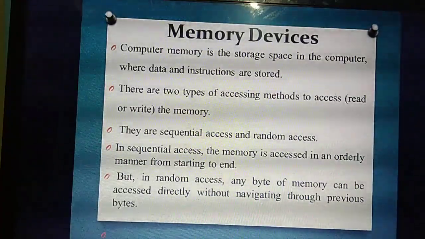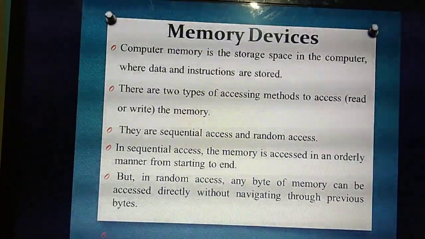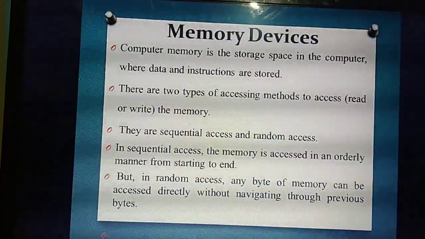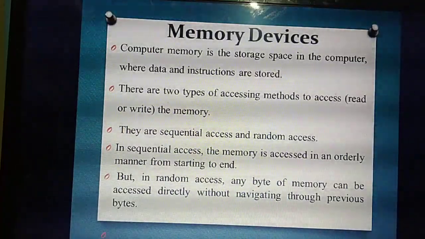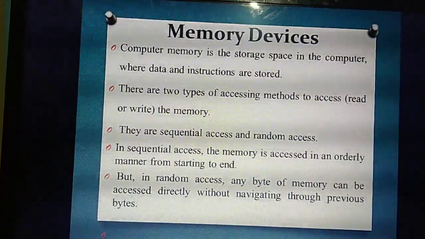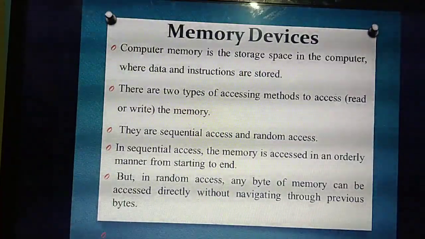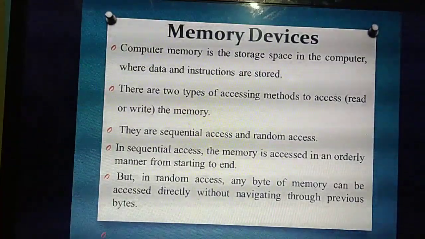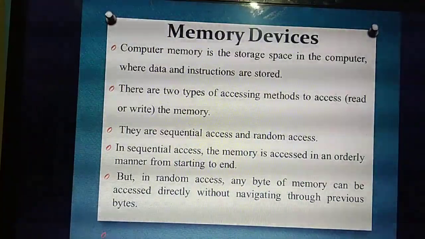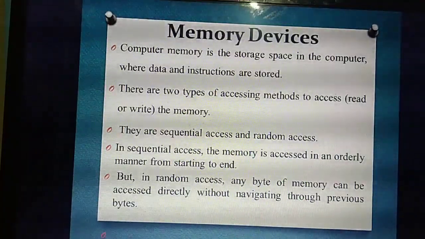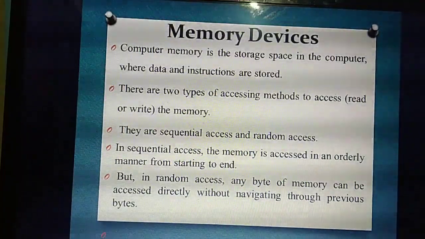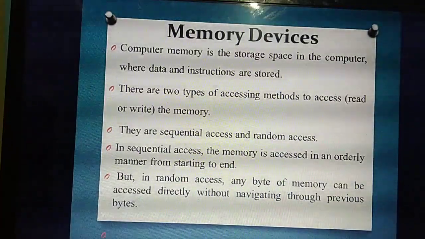In your mobile phone, which is the memory part? Two types of memories are there: phone storage, that means internal storage, and the SD card, that is external storage. Likewise, two kinds of memory devices are there in your phone also.